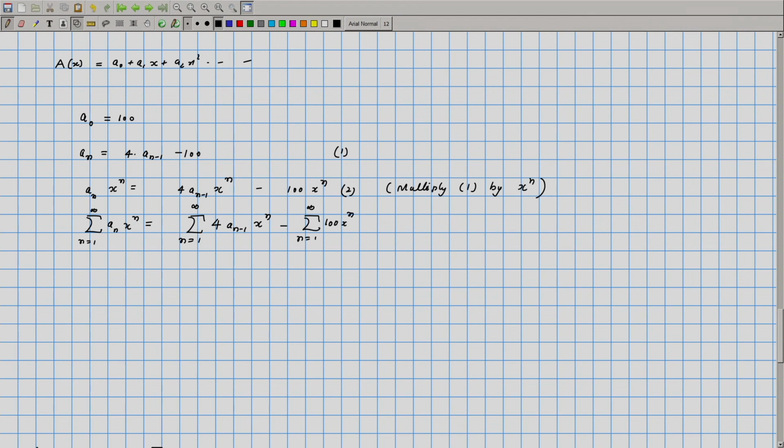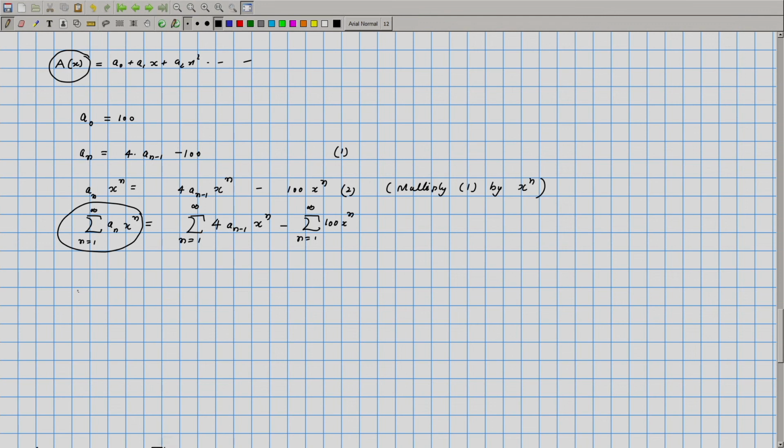If we look at this equation closely, we can see that some parts of it are starting to resemble A x. For example, the term on the LHS is almost equal to A x, it is just that the first term is missing.